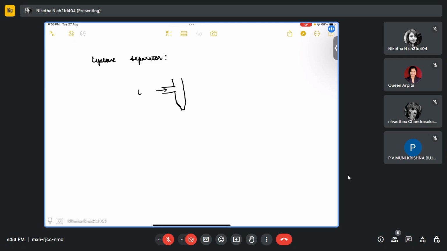So this is the inlet. So what happens when particles containing gas come in? They travel through the cyclone, and because of centrifugal force, they tend to move in a vortex.